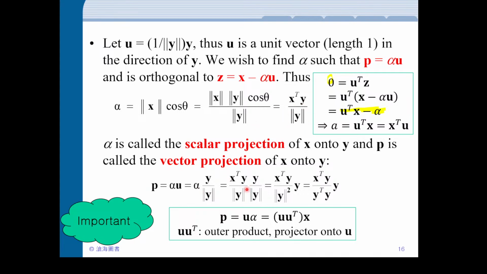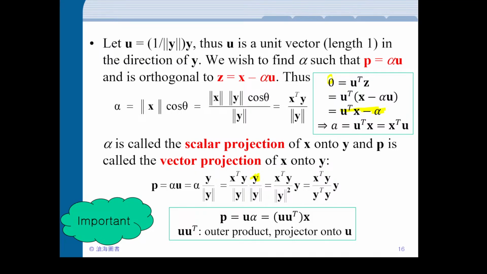Alpha is x^T y divided by length y, and u is y divided by length y. Although you see a lot of x and y, the only vector part is y.